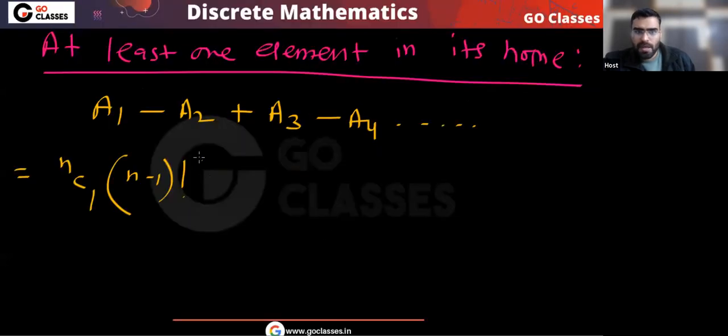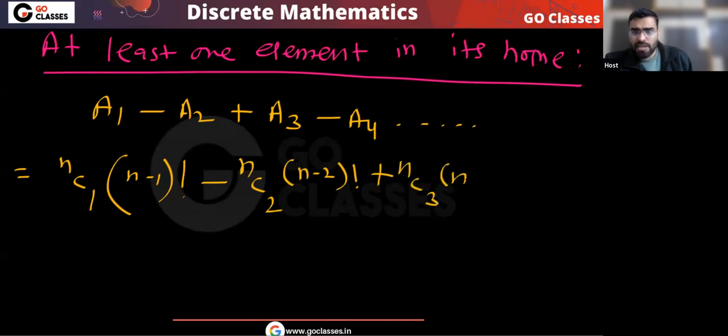So you can notice, minus two elements. Which two elements? Put them in their home, nC2 (n minus 2) factorial, plus nC3 (n minus 3) factorial, and so on. So from this, what did you get?